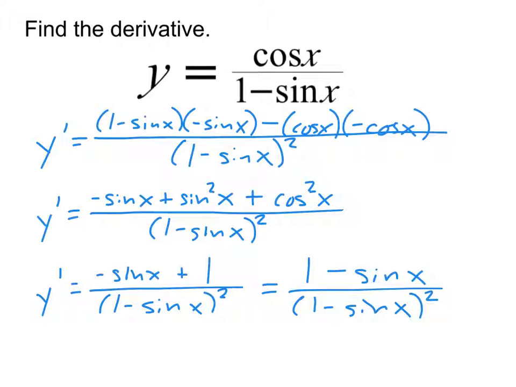You notice on both the top and bottom, because inside the parentheses on the bottom I have 1 minus sine of x, I can cancel out that whole chunk, 1 minus sine of x. And so the whole thing boils down to y prime equals 1 over 1 minus sine of x. Yes, there still is a 1 minus sine of x on the bottom because, remember, it was squared, so I could cancel out one of them, but I couldn't cancel out both.